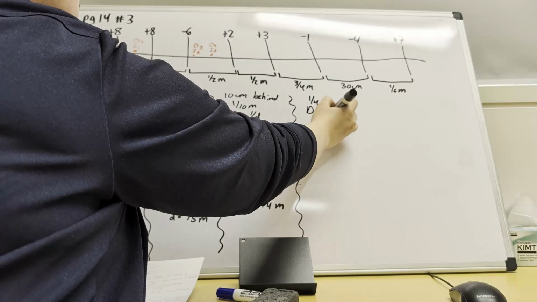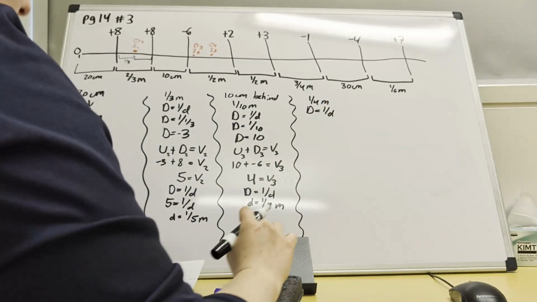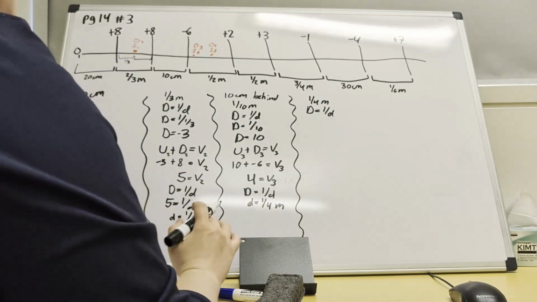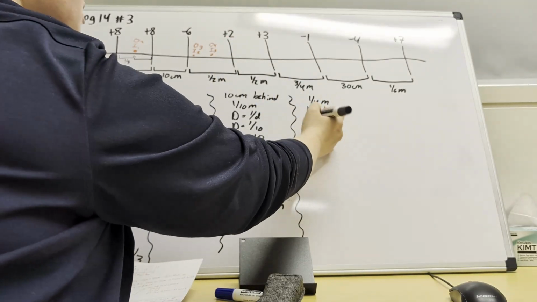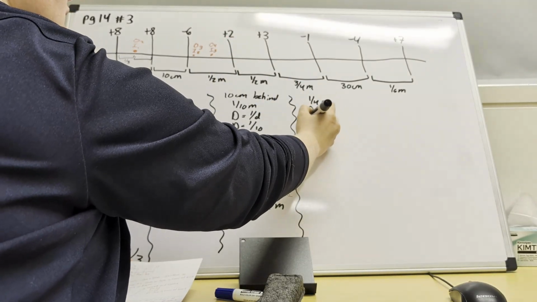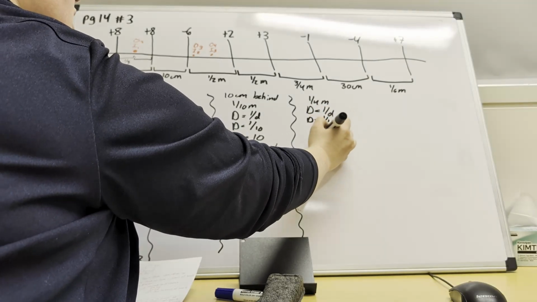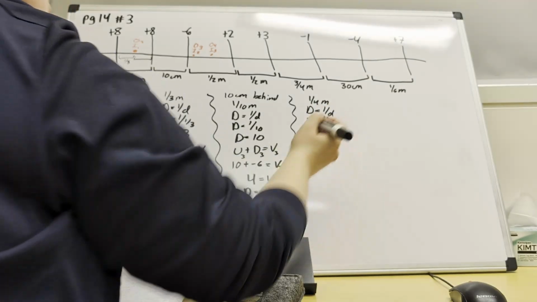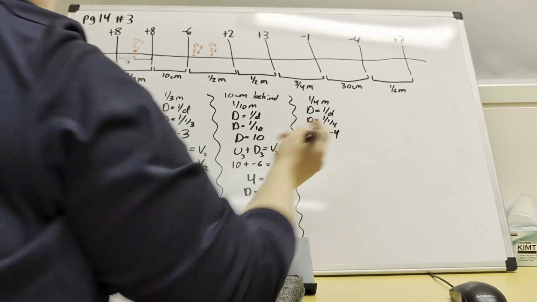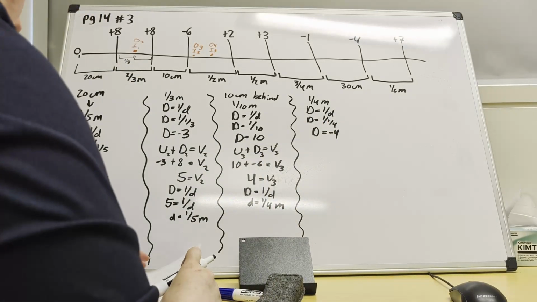Diopters equals 1 over distance. We are in front of this +2 lens, so it's going to be negative. Diopters equals 1 over 1/4. Diopters equals 4, and we're going to make it negative because we are in front of this lens.